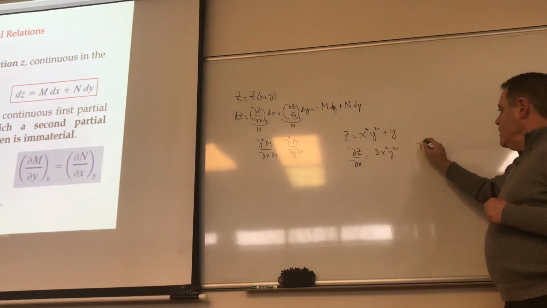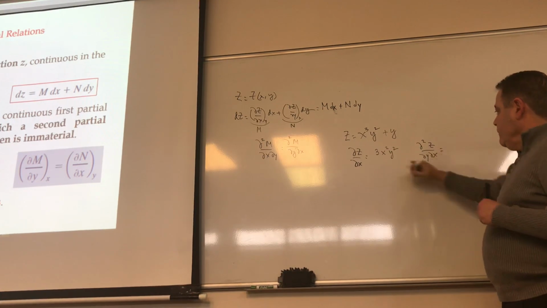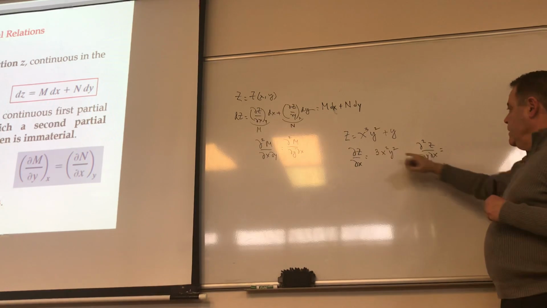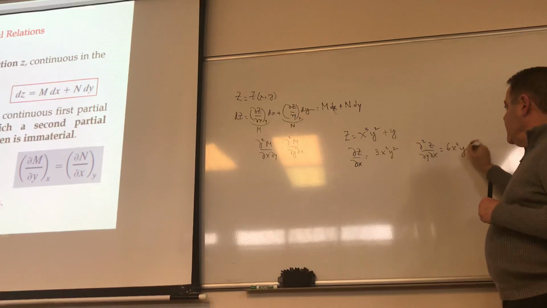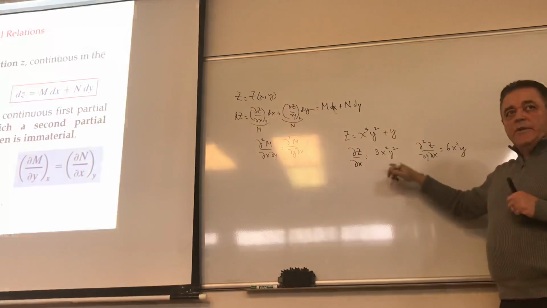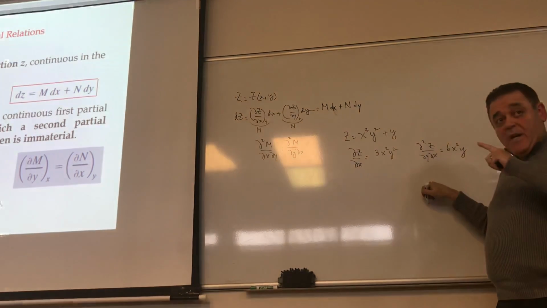If I now take this and take its derivative with respect to y, how much do I get? 6x²y. So I took the derivative with respect to x first, then with respect to y.